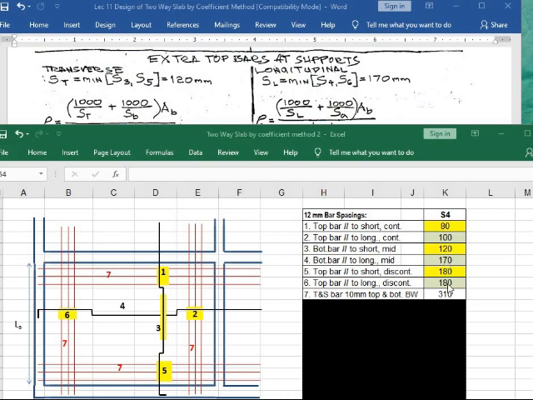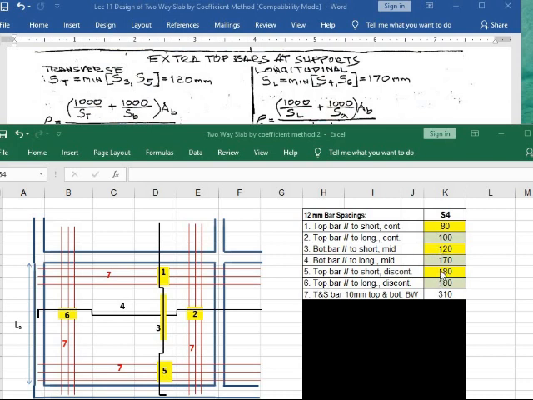Choosing between 170 and 180, S sub L becomes 170. The same goes for the transverse. In the transverse, the densest spacing is bar number 1. Bars 3 and 5 have close spacings, 120 and 180. Again, for 3 and 5, we take the minimum, which is 120.